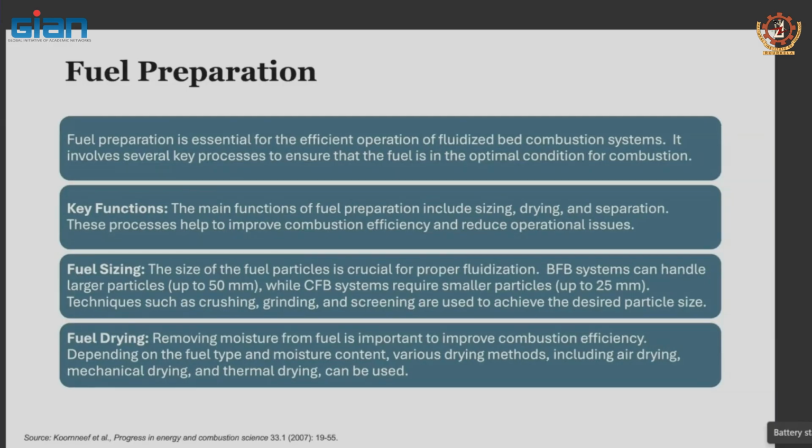Sizing, I mentioned already, but we can use up to even 25 millimeters. 25 millimeters is like 2.5 centimeters. This is a huge advantage compared to pulverized systems. And drying itself is an integral and essential part of fuel preparation.